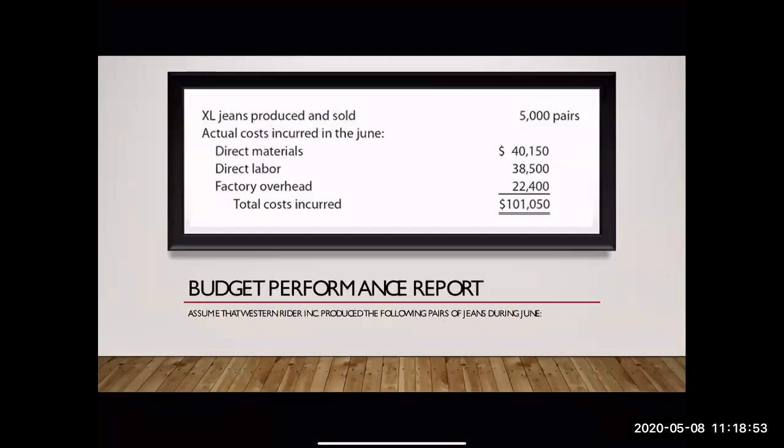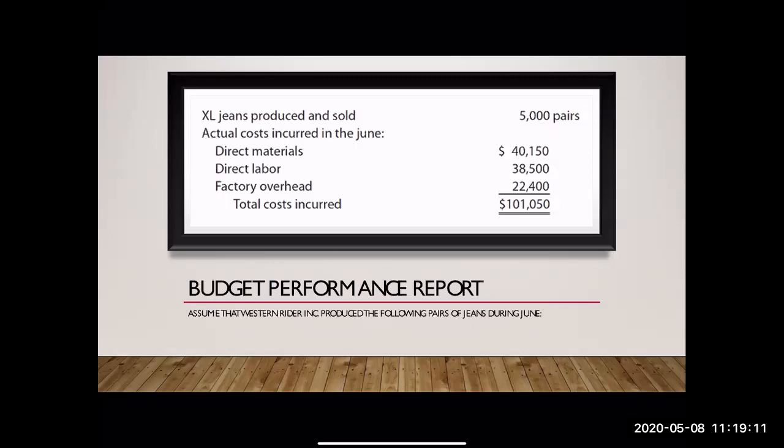Now, I want to continue with the example that we were doing before with the extra large jeans, just to show you how this all plays out. Here we have the extra large jeans that are produced and sold. We're talking about a quantity of 5,000 pairs.